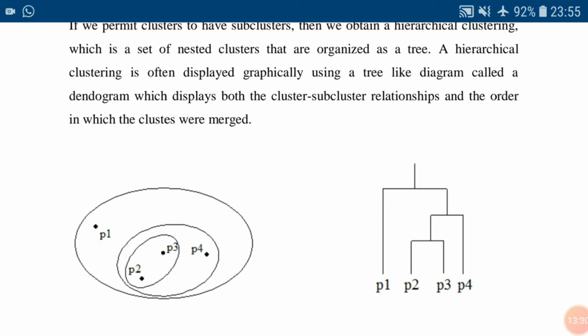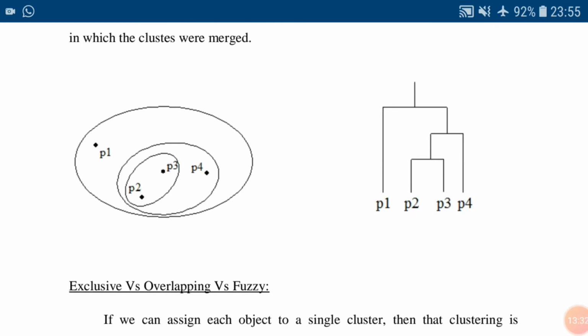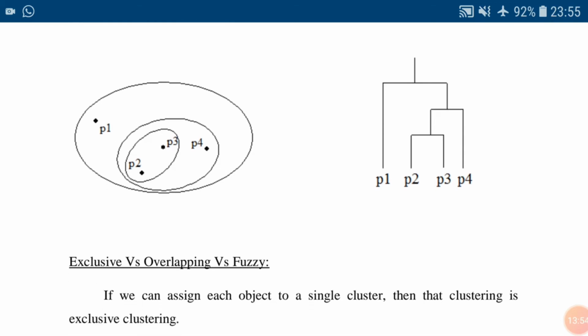In hierarchical clustering, we are looking at two figures. In the first figure there are 4 points. P2, P3 are related to cluster 1. This cluster 1 is inside cluster 2. In cluster 2 we have 3 points, P2, P3 and P4, so cluster 2 contains cluster 1 also.